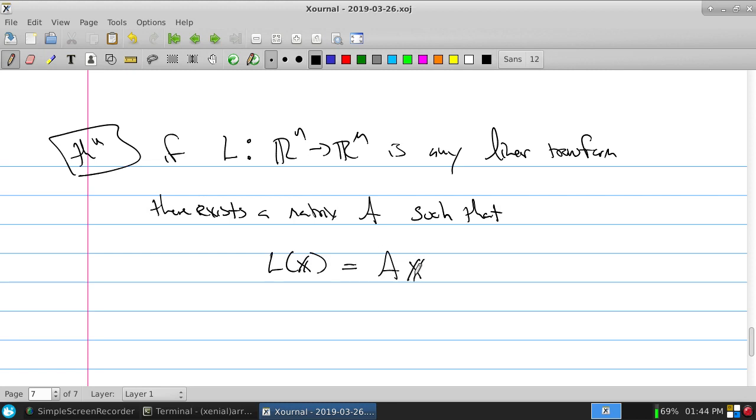So what I showed just now was a matrix multiplication is a linear transform. What this theorem says is actually any linear transform that you can think of at all, going from n-dimensional space to m-dimensional space, there will be an m by n matrix that does the exact same thing.